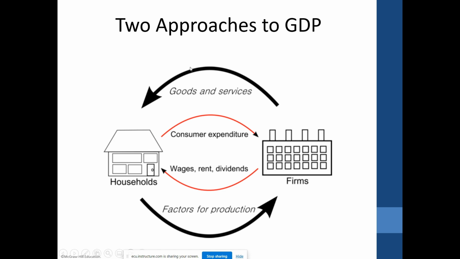The top arrows illustrate the expenditure approach. Consumers are composed of households and social identities who purchase goods and services provided by firms and businesses.